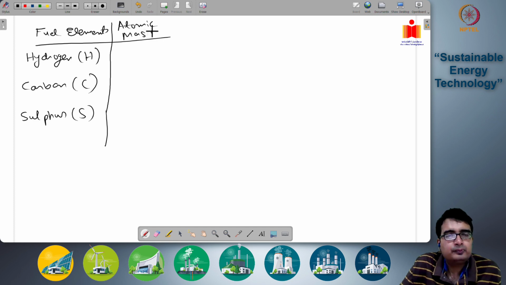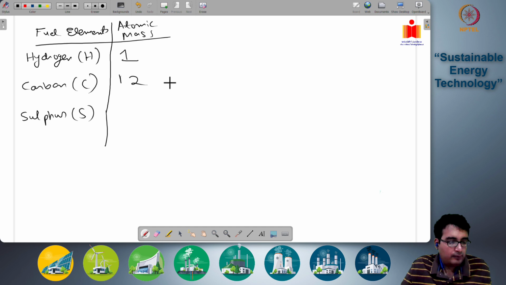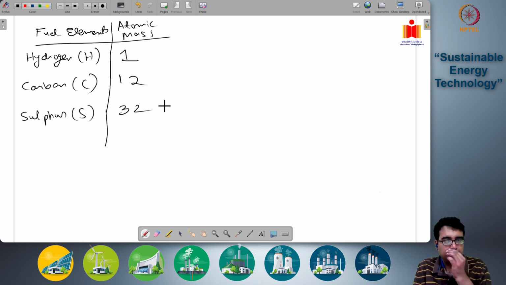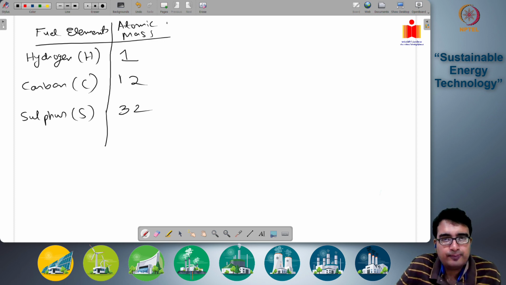For hydrogen it's 1, for carbon it's 12, and for sulfur it's 32. So that's the weight of one atom of sulfur, one atom of carbon, and one atom of hydrogen.